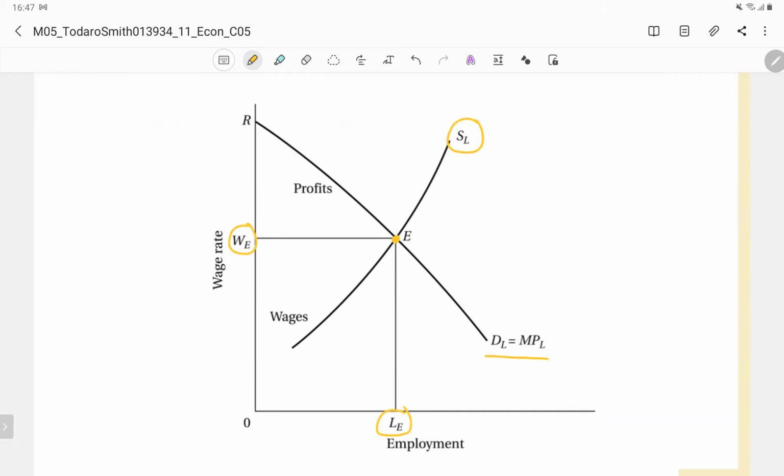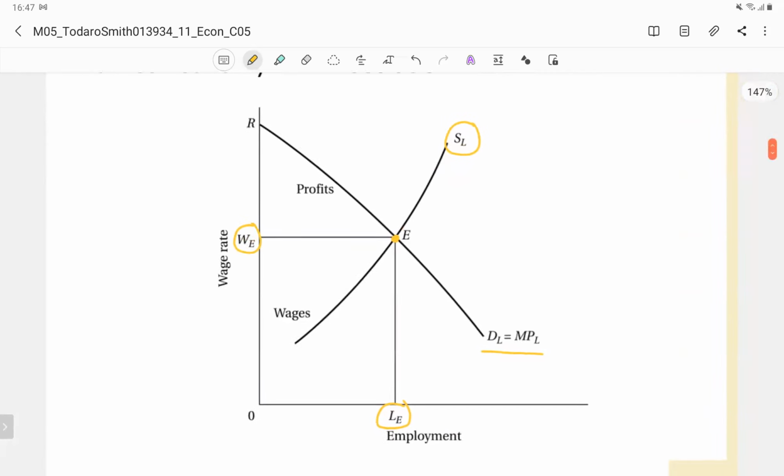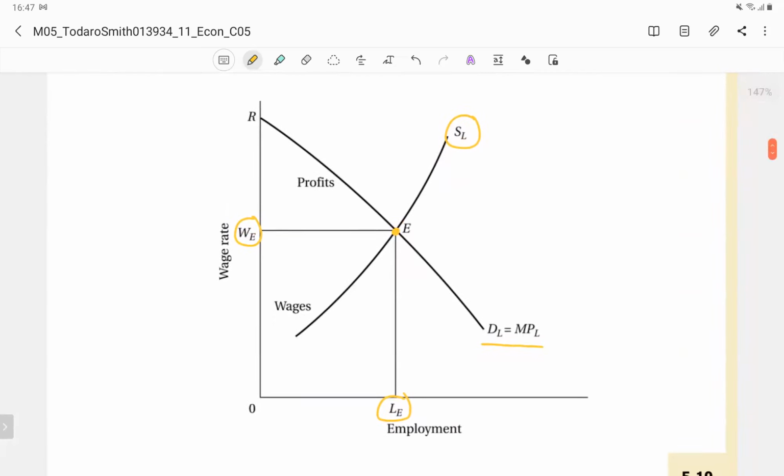This is the ideal market economy theory, if the market economy works very well and there is no market failure. So this is what's going to happen. The demand for labor equals the marginal product per labor, the equilibrium between supply and demand is the wage rate, and then the number of people employed is going to be here.